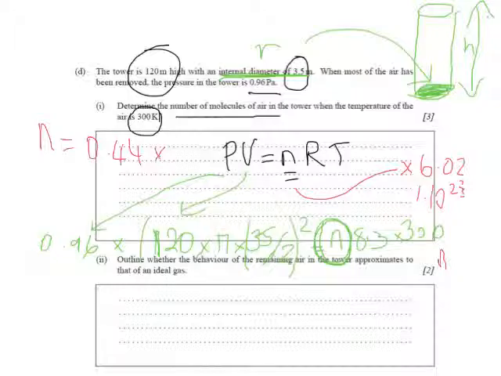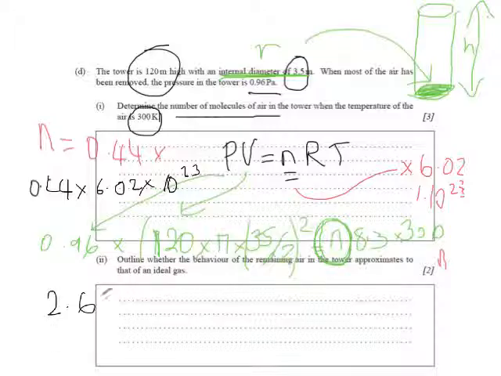So 0.44 times 6.02 times 10 to the 23. That gives us a final answer of 2.65 times 10 to the 23.